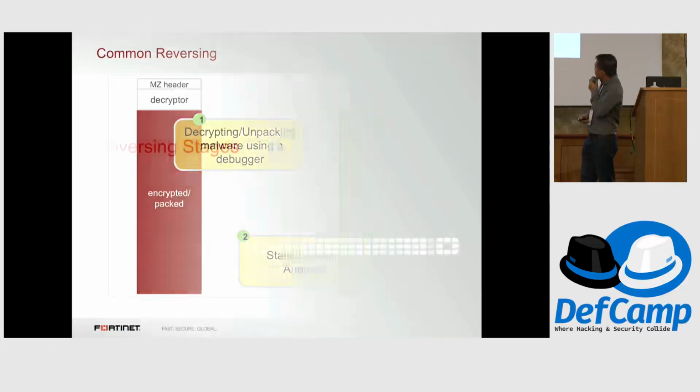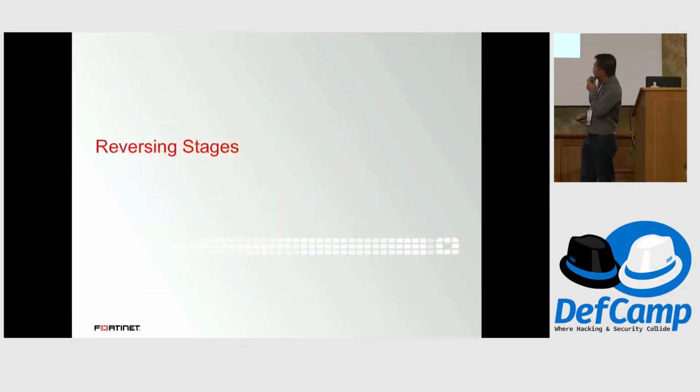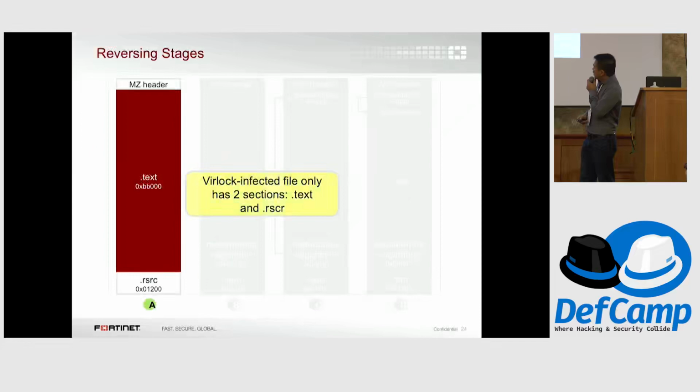But the only problem with Virlock is this. At first, if you see the executable file, if you were here earlier for the other talk, it discussed the MZP header. It is a very complicated one, but if you look at the infected Virlock file, you only have the text section and the resource section.